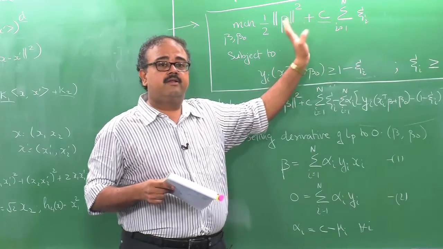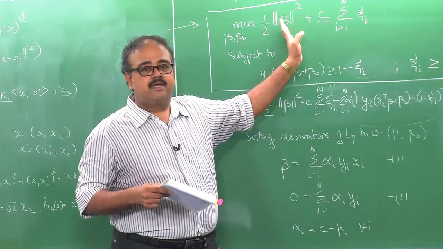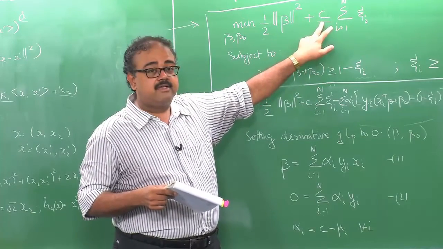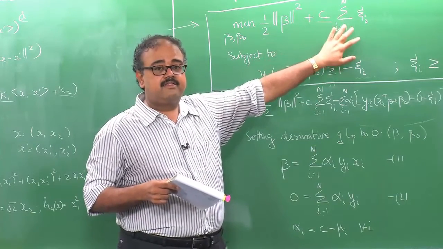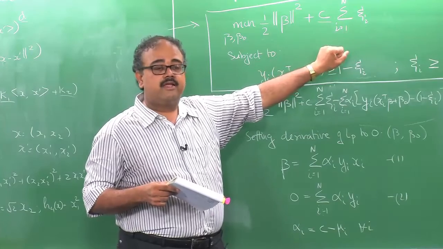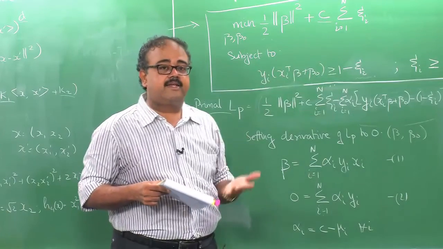So you will find that this is actually very bad. So if C is very large, then zeta has to be very small, and if C is small, then zeta can be large.